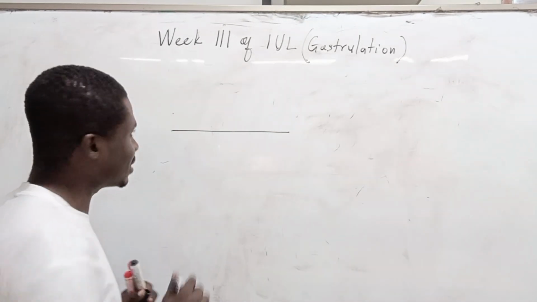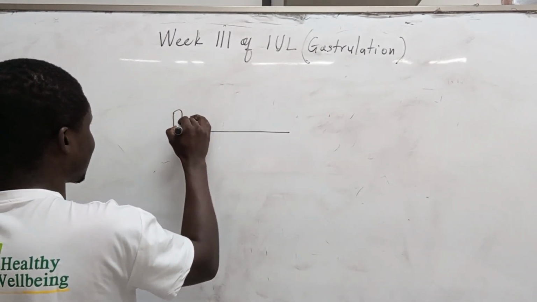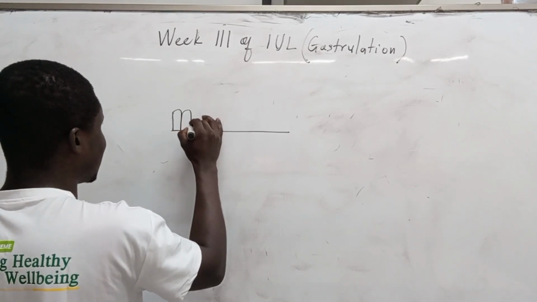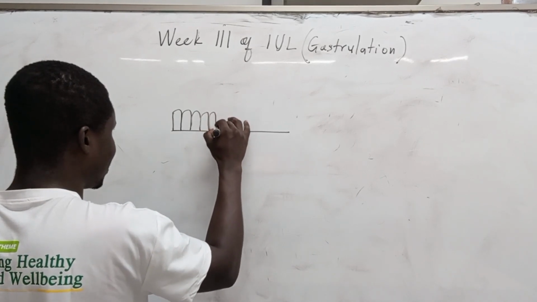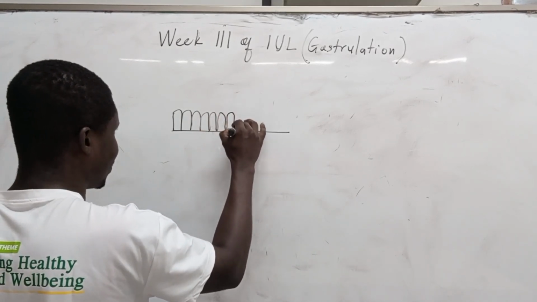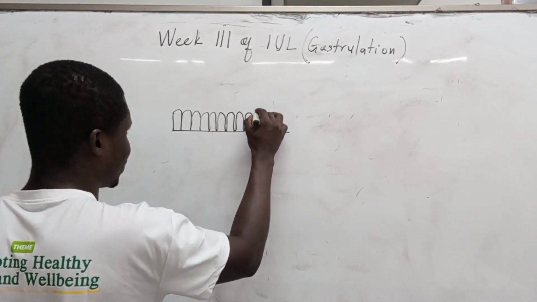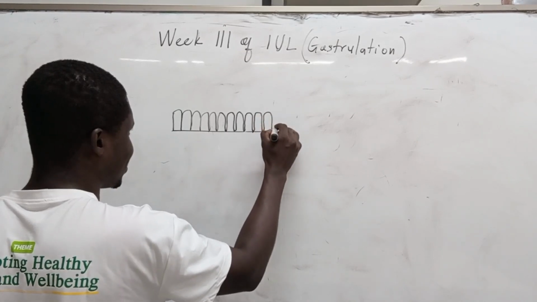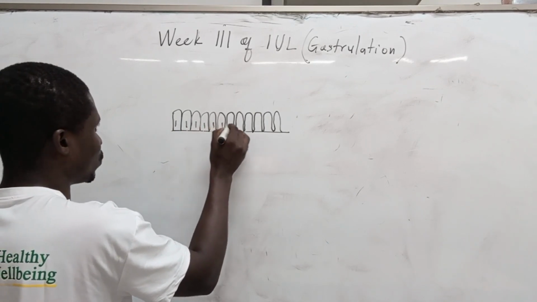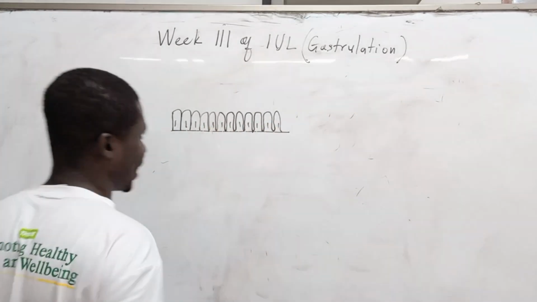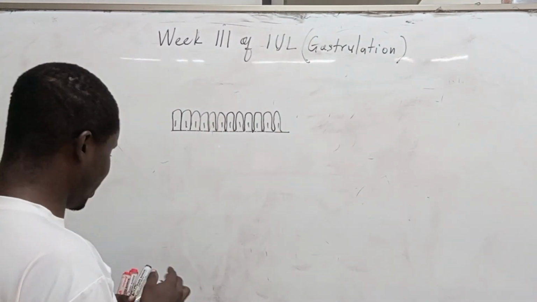I told you that there's going to be some columnar shaped cells, and those columnar shaped cells which were above over here represent the cells of the epiblast.